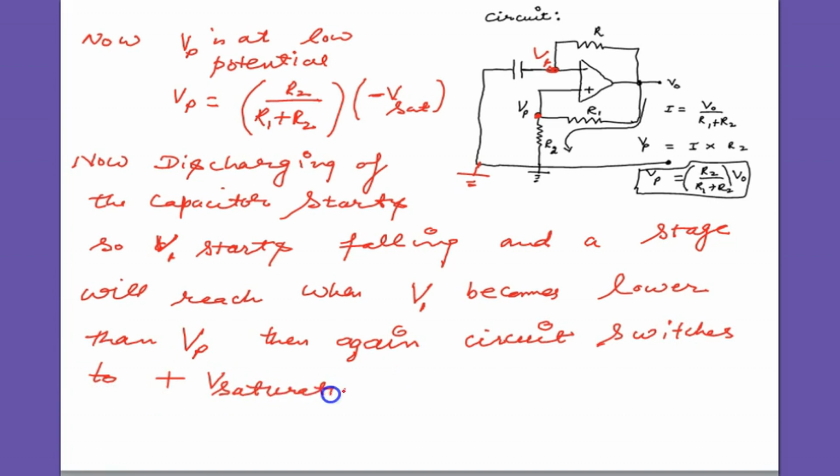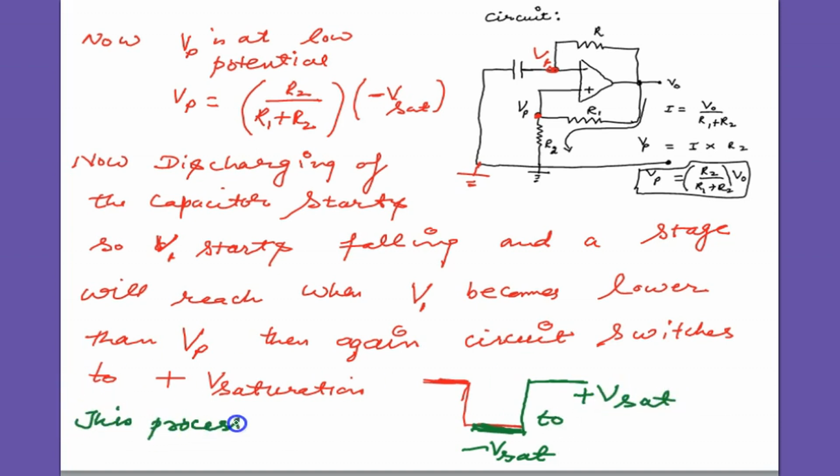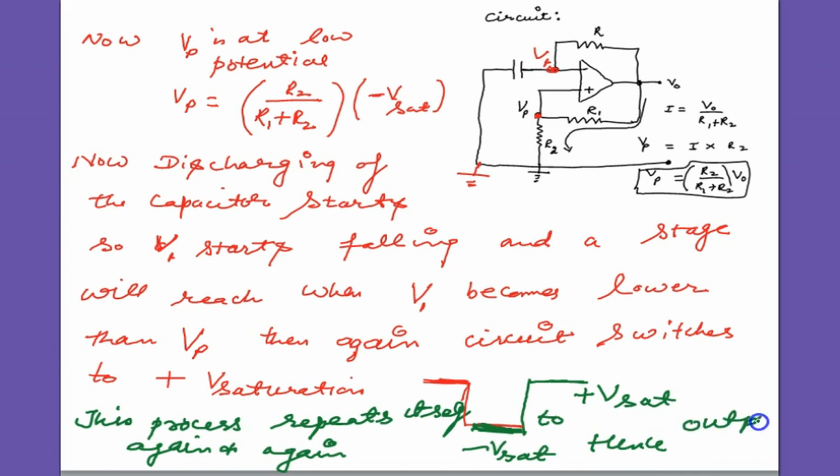This process repeats again and again, and we get a square wave with the help of the op amplifier without any triggering pulse.